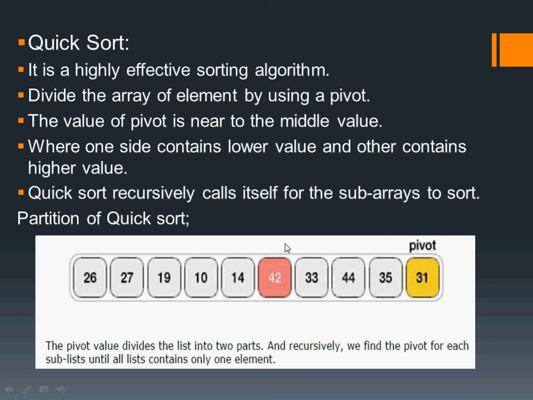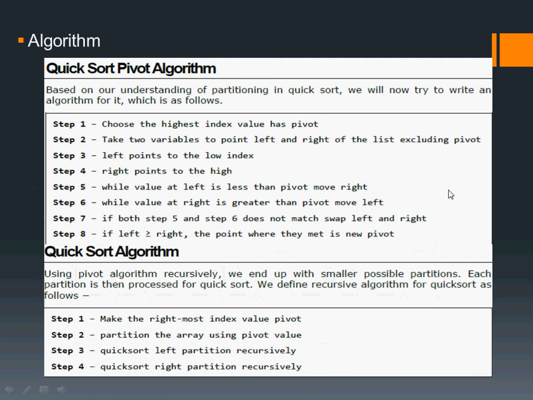And next in this subset, that is 42, 33, 44, 35, take 35 as a pivot, then 33 on the left, 42 and 44 on the right. So 33 is a single element, it's sorted, 35 will be the pivot, and 42 and 44 are sorted. So this is what happens in the quick sort algorithm.